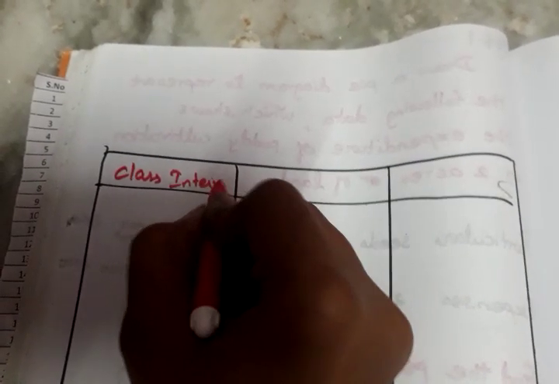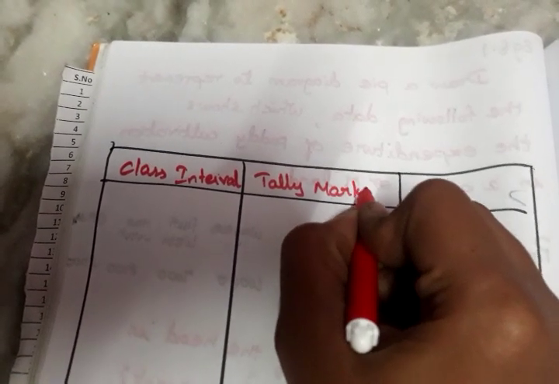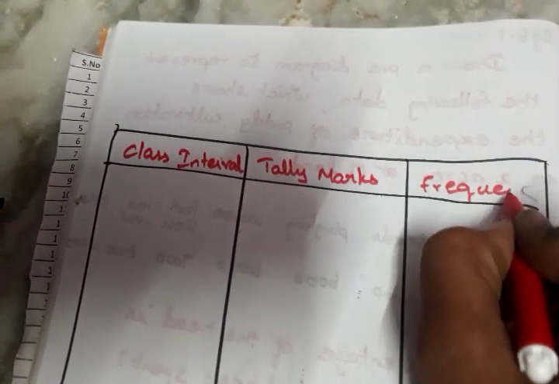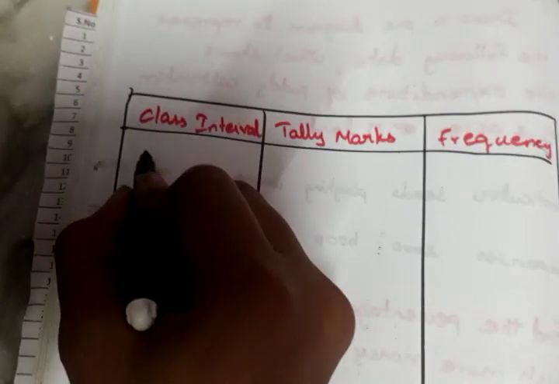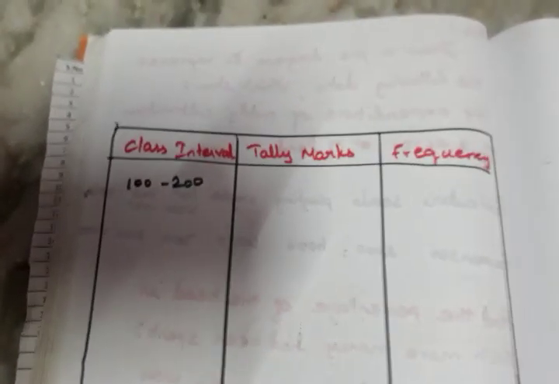First we draw a tabular column: class interval, then tally marks. You already know the tally marks, isn't it? Then next, frequency. First class interval 100 to 200.